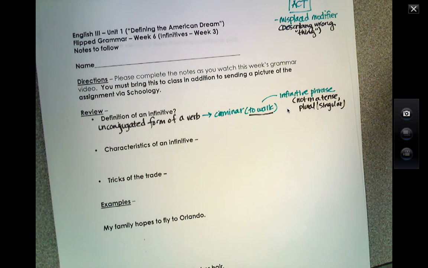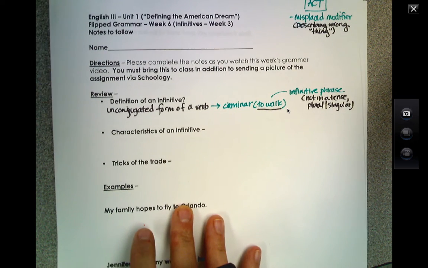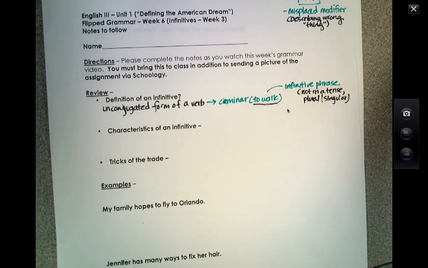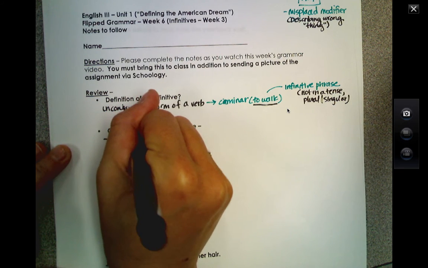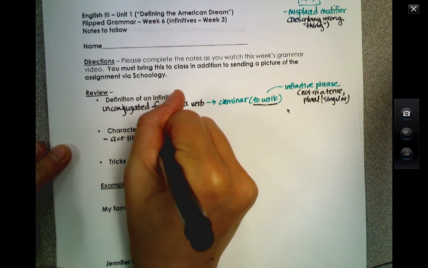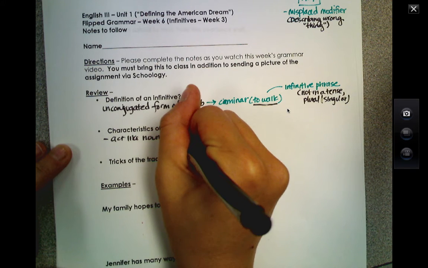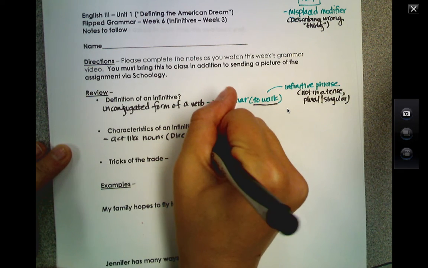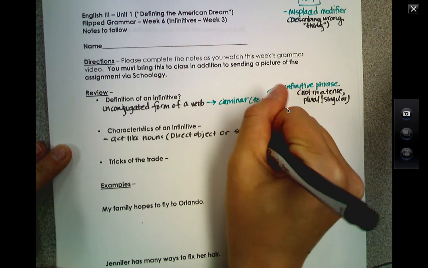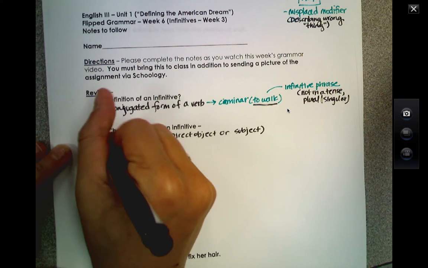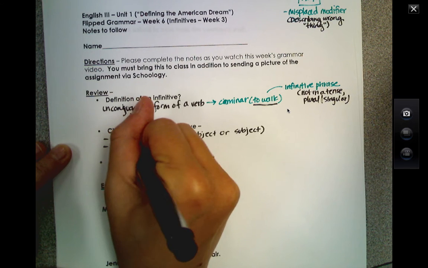Under characteristics, infinitive phrases are just kind of special. They can act like nouns, so they can be a direct object or a subject, or they can act as an adjective.